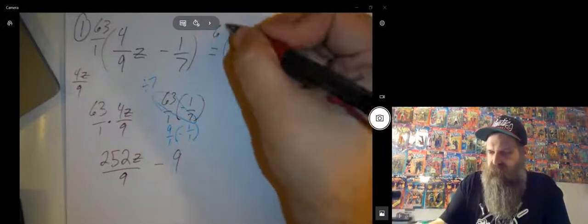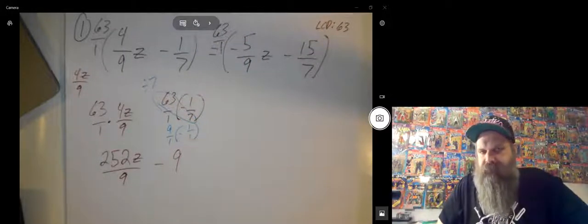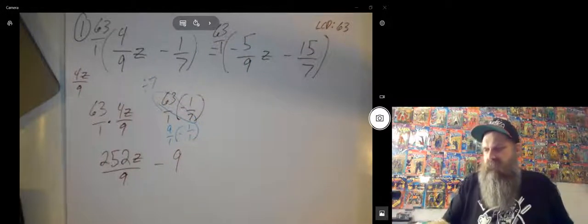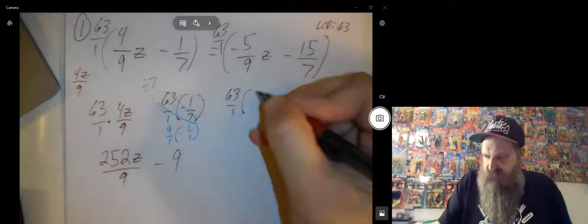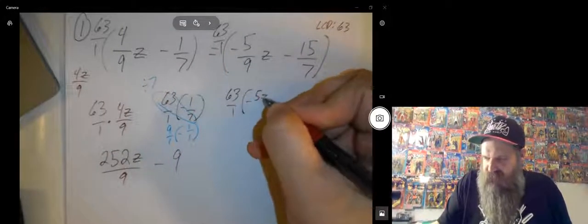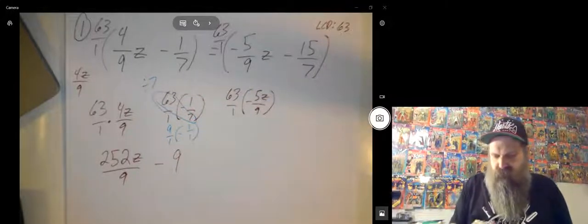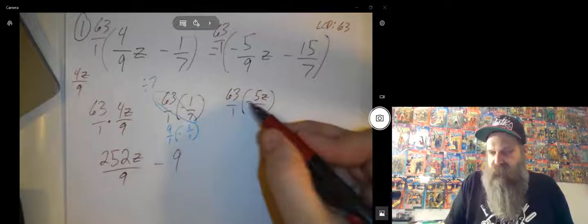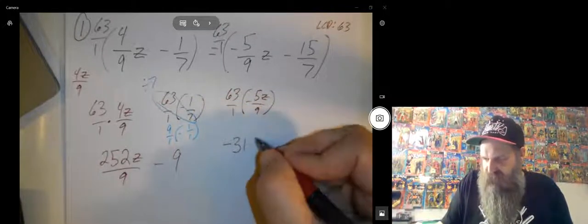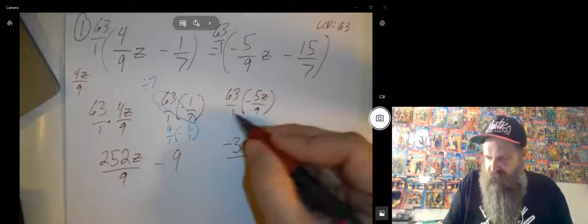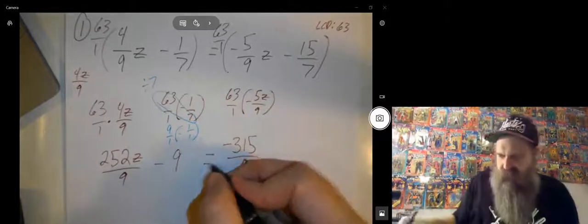Let's multiply everything over here by 63. So 63 times a negative 5z over 9. 63 times negative 5z, that's negative 315 over 1 times 9, which is just 9. Of course, we need to bring our equal sign down.